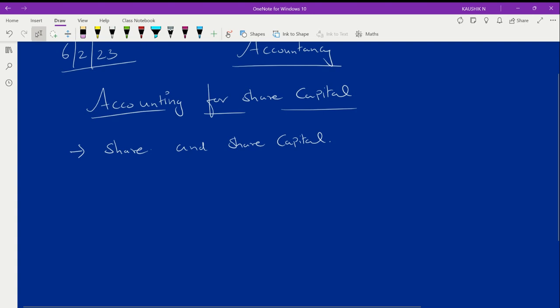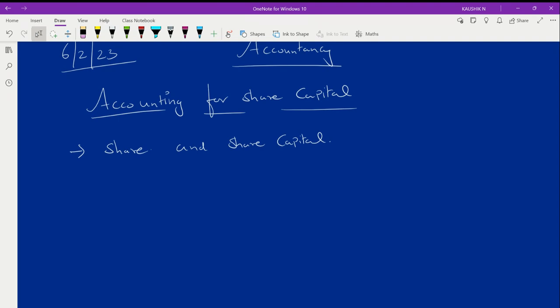Basically, a share is nothing but a fraction or a portion of a particular item. So here in share capital, we denote that the capital of the company is being divided or shared among various public, and that's why we call it share capital.